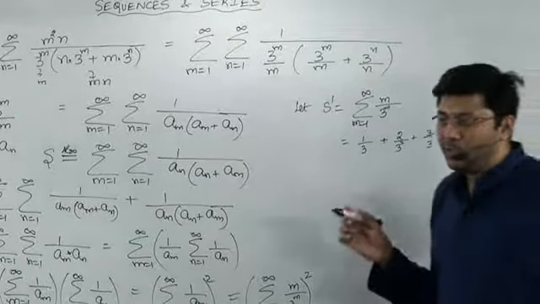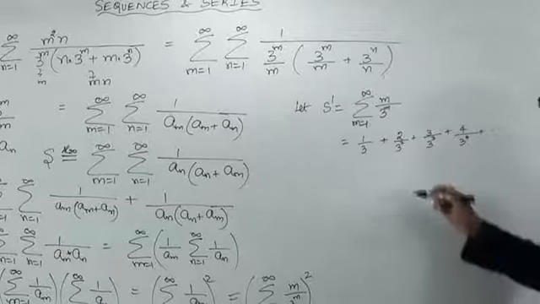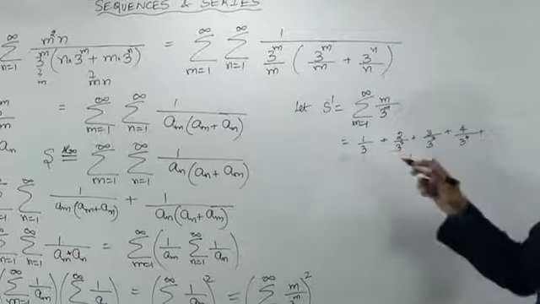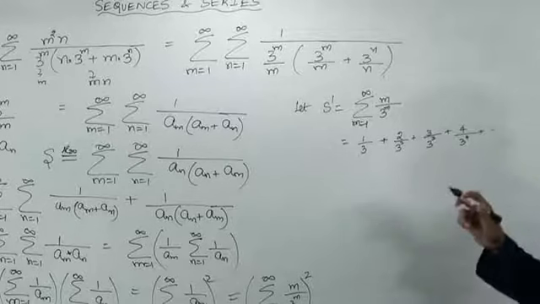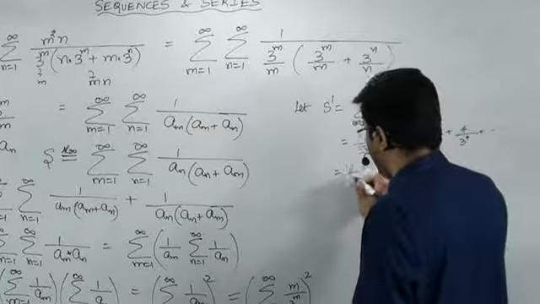if you want to convert into our standard form of AGP, then the GP should start from 1. So let us take this 1 by 3 out.